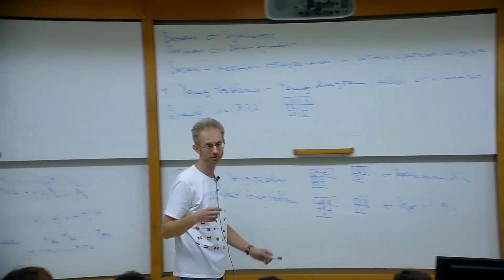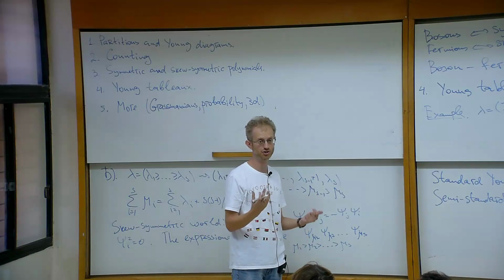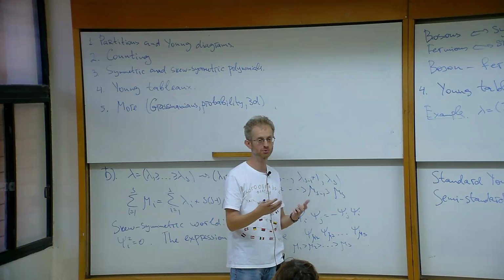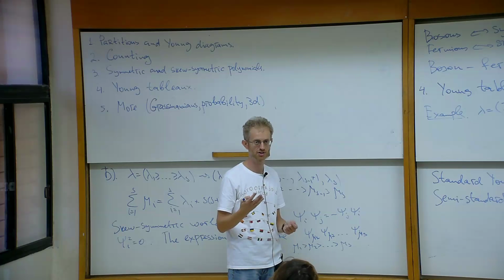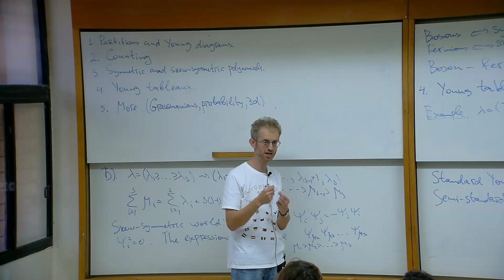What does it mean? It means that you have some particle, say an electron, and then it can have some kind of energy. Energy is a number. And then you're looking at all the possible states, I mean, the values of the energy. But for some physical reasons, you can't have particles with the same energy.